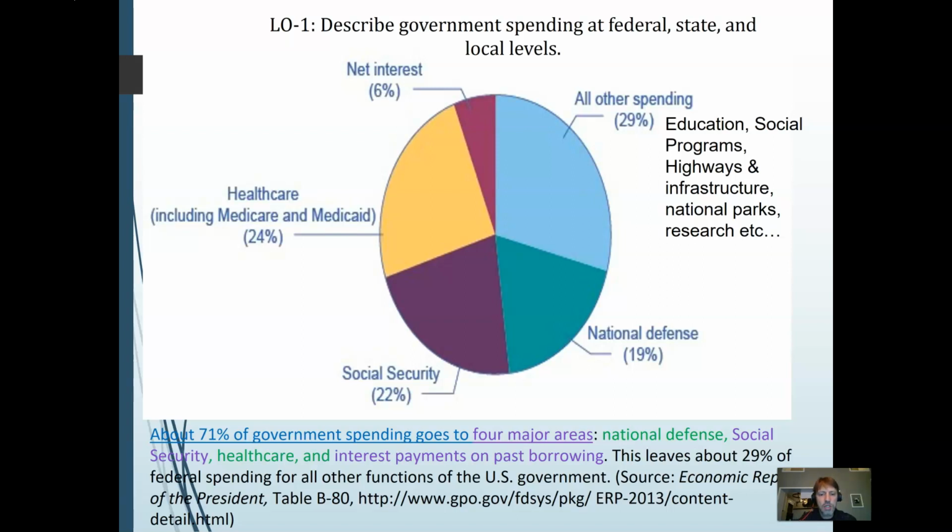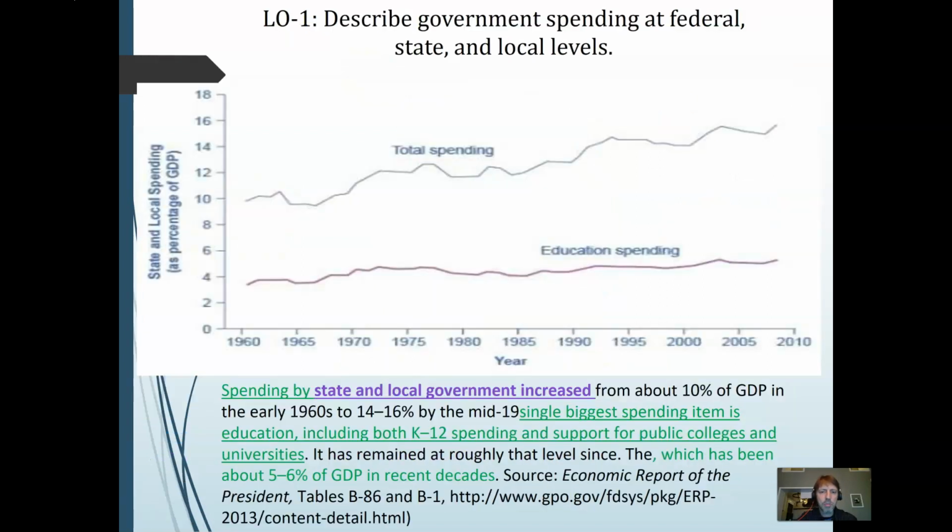So if you don't address one of those four areas, when you're trying to think through budget changes for the federal government, you're giving up 71 cents of every dollar to those four things. So if you leave them off the table for discussion, then it's a much smaller part of the whole that you can make decisions about.